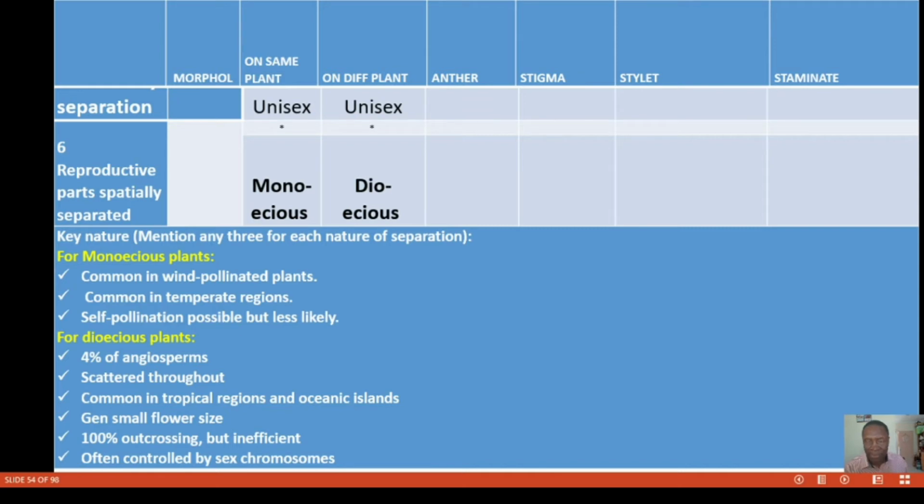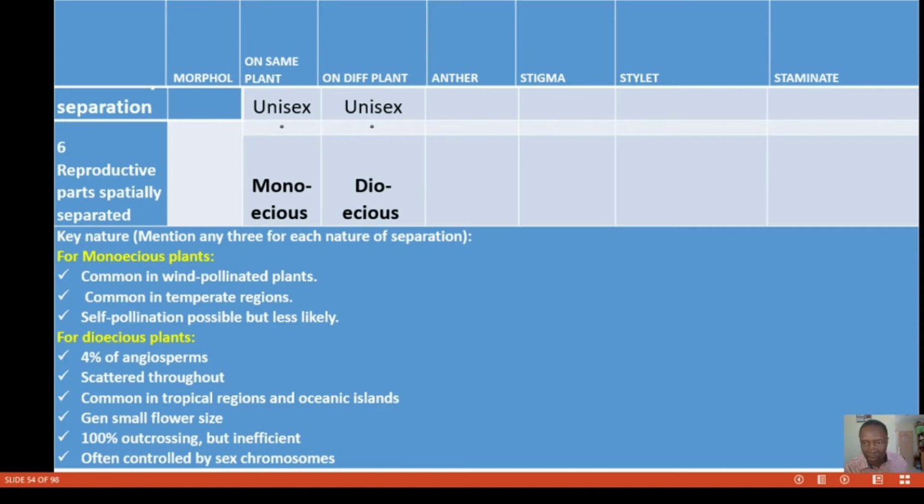For example, in maize, that is a monoecious plant, the female with the silk and the male with the tassel, separated in the position of the 2 inflorescences, is a very common indication of wind pollination. Very common in temperate regions.